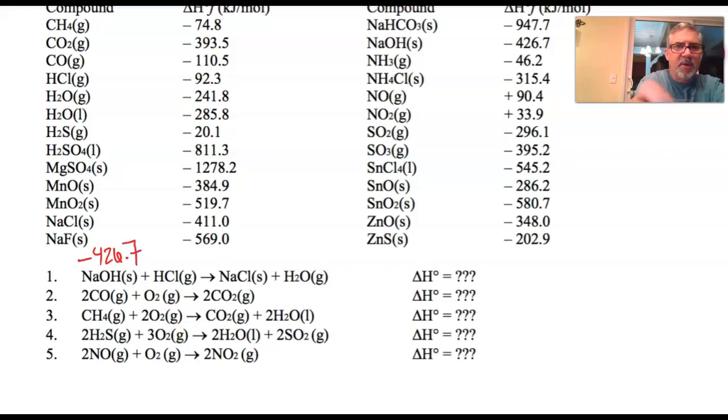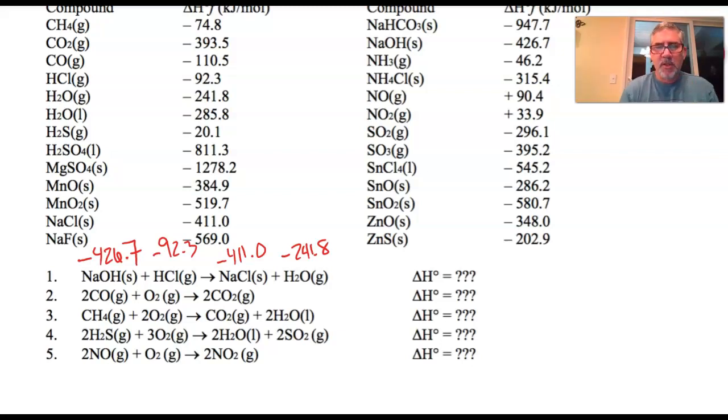HCl gas, up here, is negative 92.3. I have sodium chloride solid, down here, which is negative 411.0. And I have water gas, which up here again was negative 241.8. Those are all in kilojoules per mole.